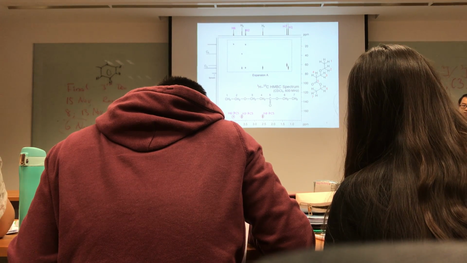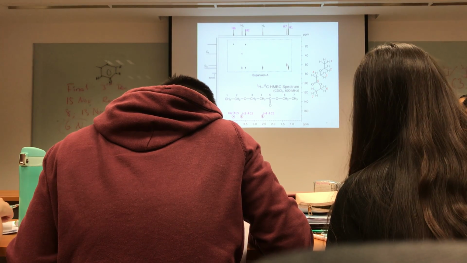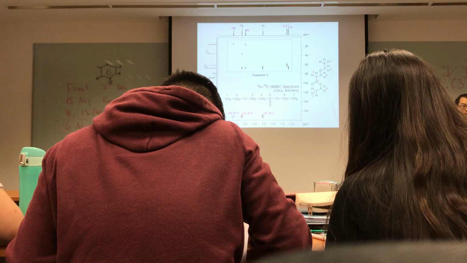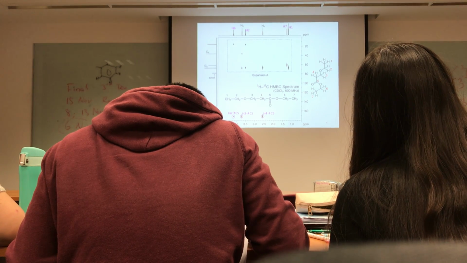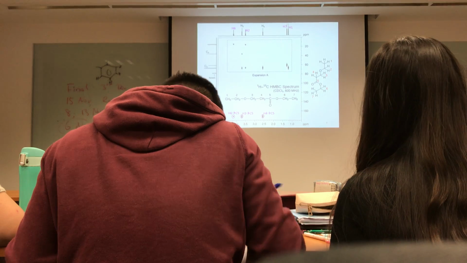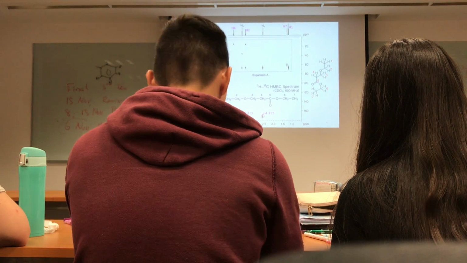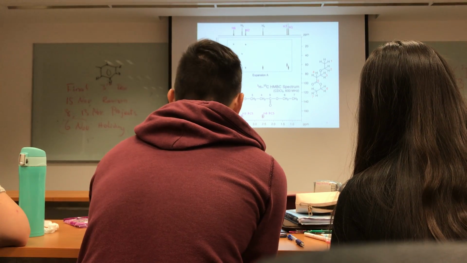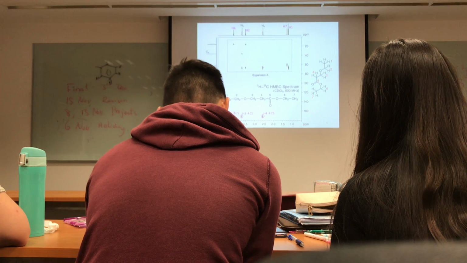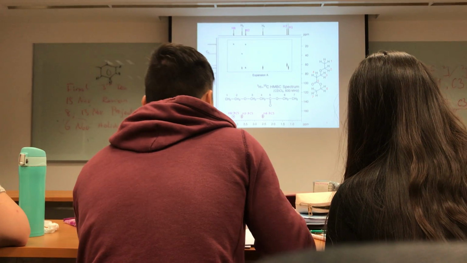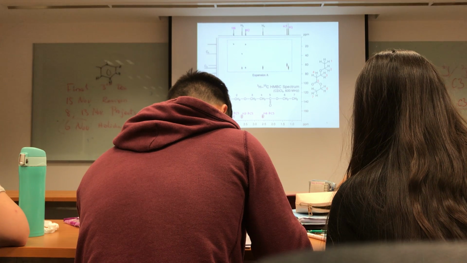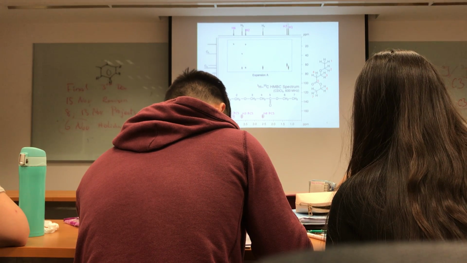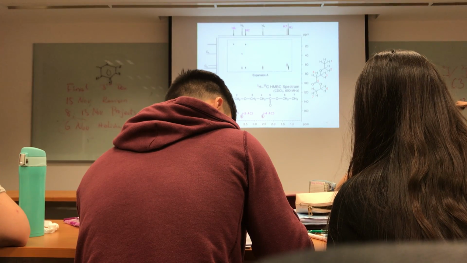Then 3 bond to proton 3. It can only see 3 bond away, 3 bond to proton 3. This is 2 bond. This will be 3 bond. Now this is for this direction.